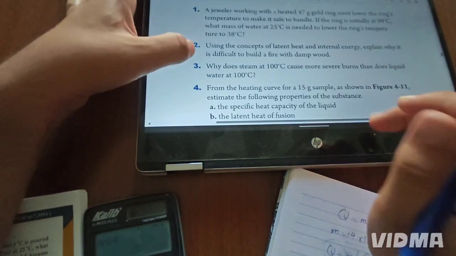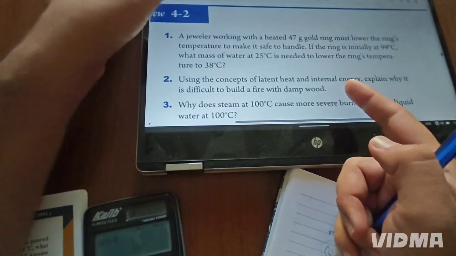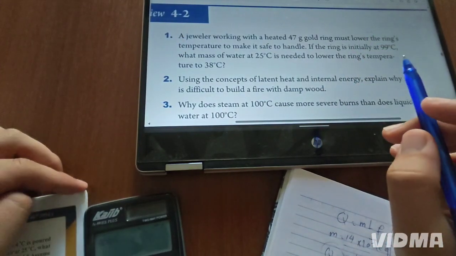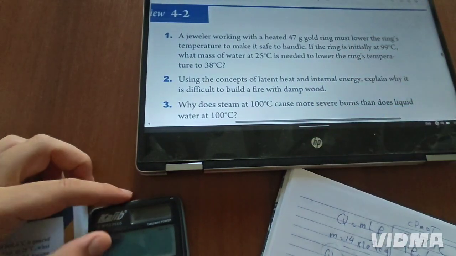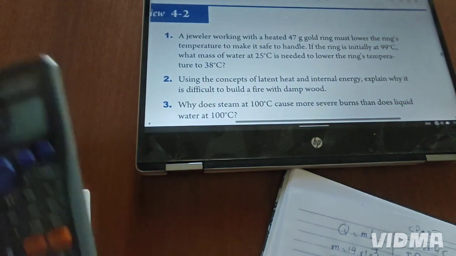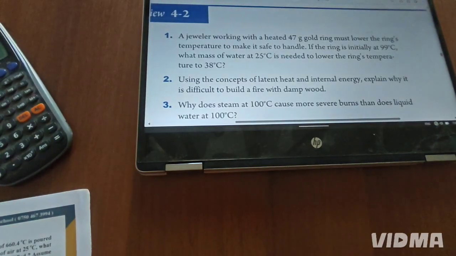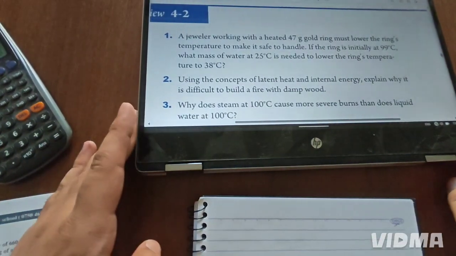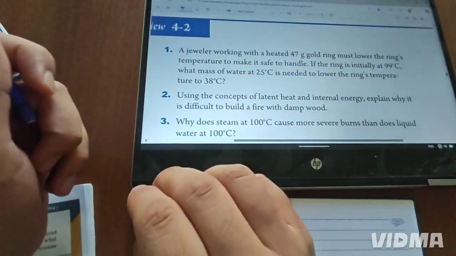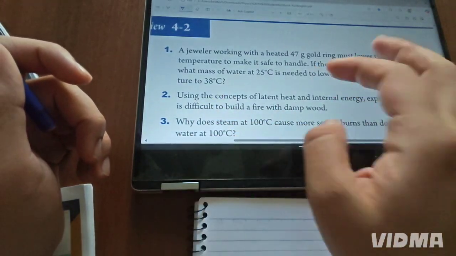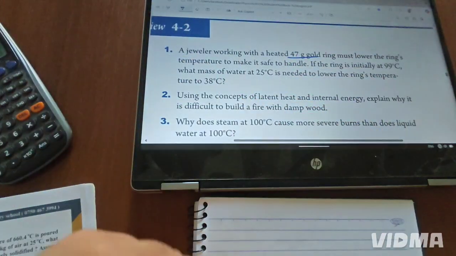Let me solve question 1. Question 1, I think, is important, even though we studied this question 1 about losing energy and absorbing energy. This question said, be with me: a jeweler working with heated gold.